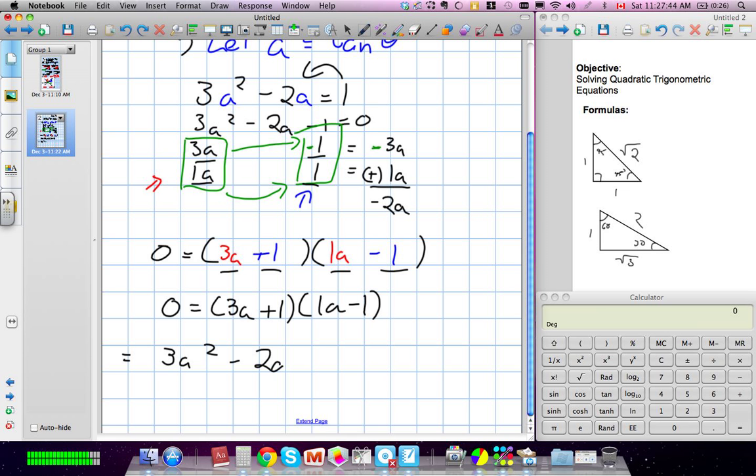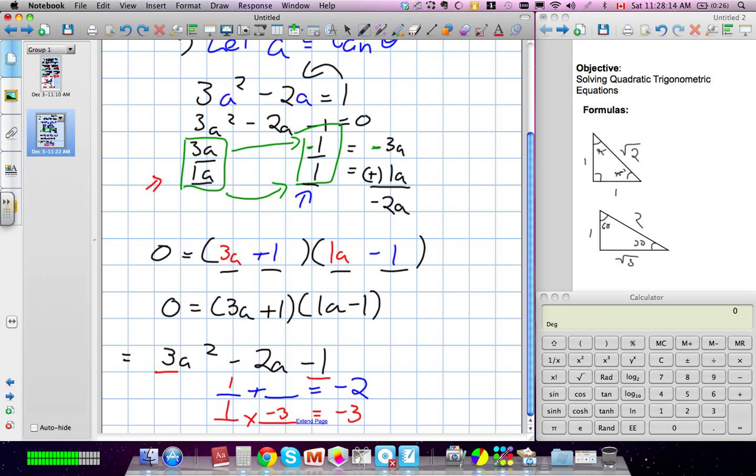And we're talking about 2 terms that add to our b, which is negative 2, and 2 terms that multiply to our a times c, which is negative 3. Does that make sense? Okay. So what 2 terms add to negative 2 and multiply to negative 3? Well, if we had positive 1 and negative 3, we know that works, right?